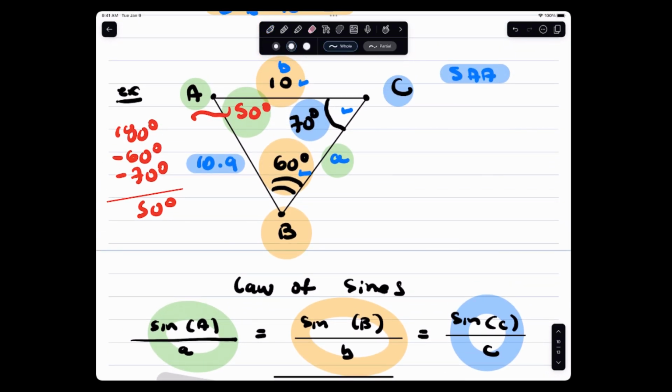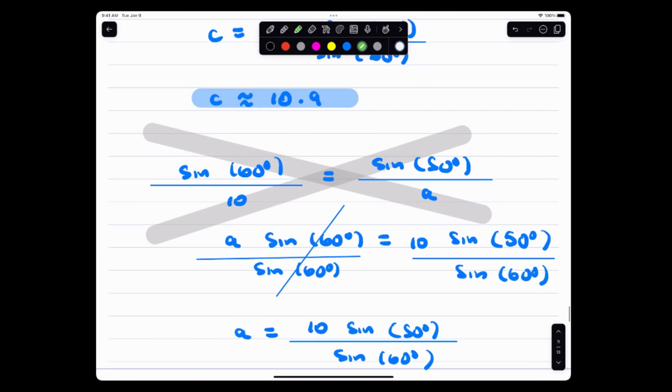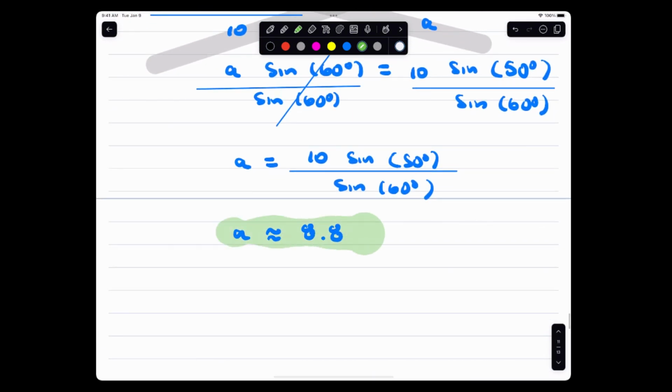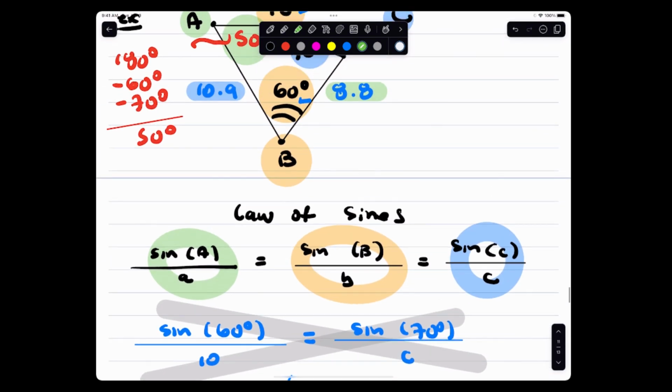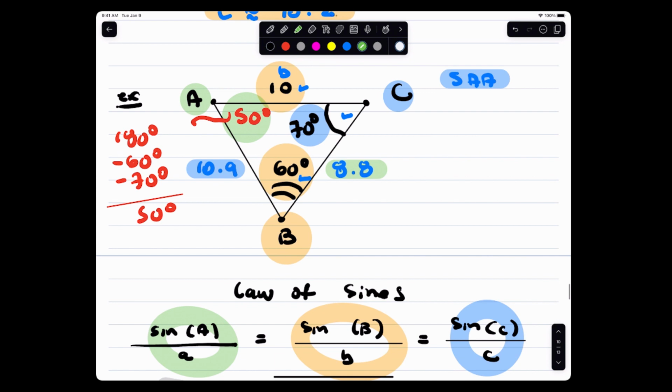Green. This would be 8.8. All right, ladies and gentlemen, I'm just going to highlight this for you guys, and there is yet the second case, which is side angle angle.